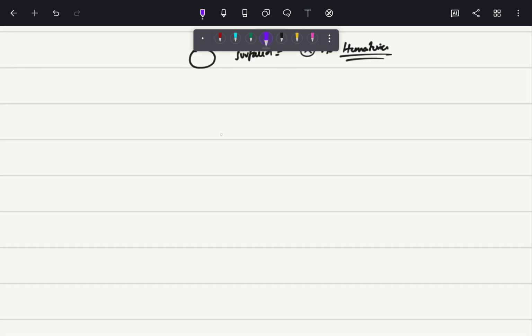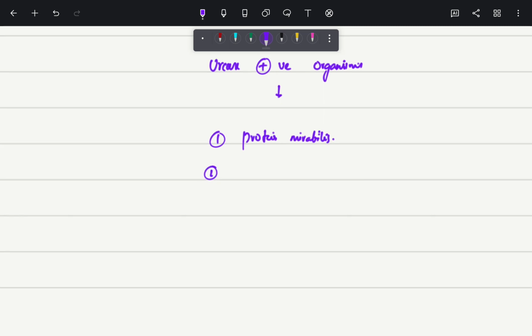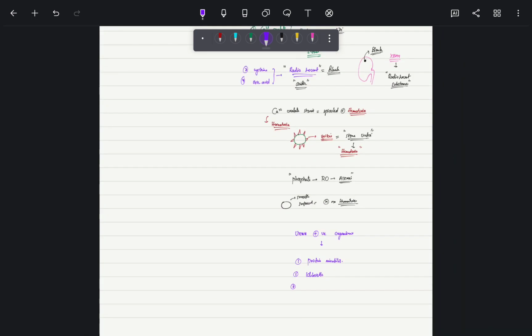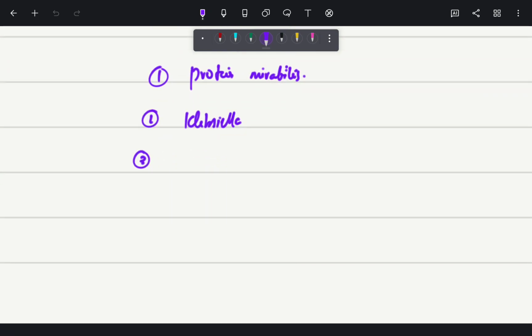In order to understand that, you have to understand urease positive organisms such as Proteus mirabilis, Klebsiella pneumoniae, and your staph.